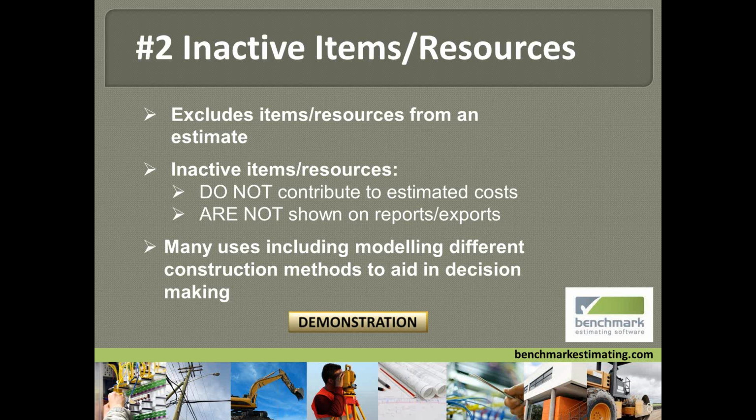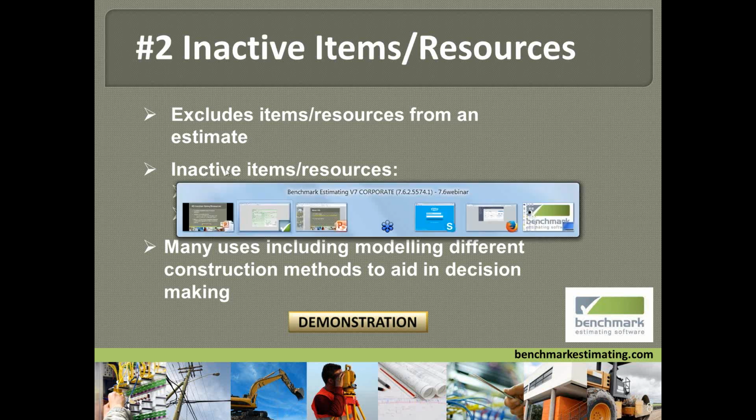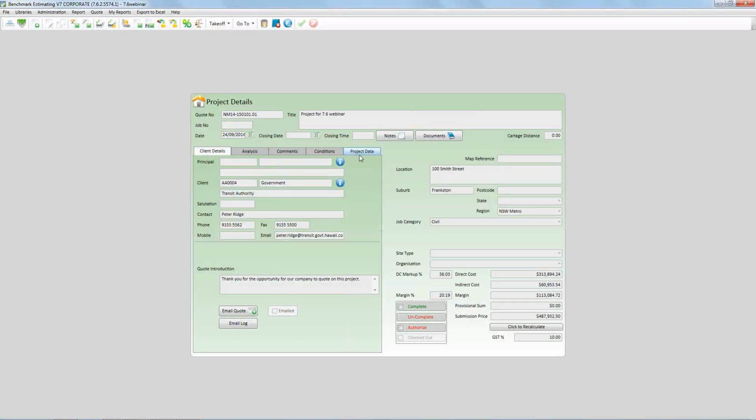So you might have various items in your bid which are the really important ones that impact heavily on the cost, and you might want to model different ways of bidding that item and constructing it. So this is what Inactive Items is really designed for. However, a lot of our customers are finding many other uses as well. So I'll just jump into Benchmark now and we'll show you how this works. As you'll see, it's very easy to use.